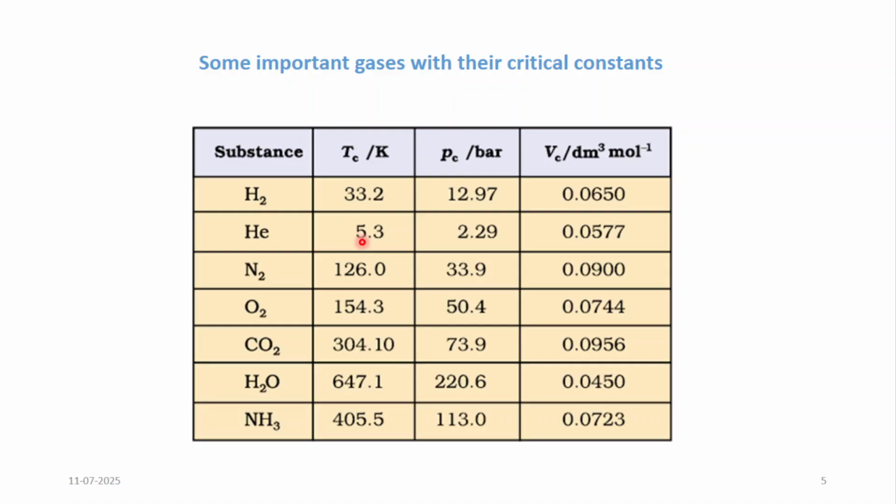They are a bit difficult to liquefy. You can also make another conclusion using this. Carbon dioxide, H2O, ammonia are a bit polar. They have dipole ends, oxygen, nitrogen, hydrogen attached to nitrogen. Because of this, there will be more force of attraction between the molecules. So that's another reason why they can easily be liquefied.